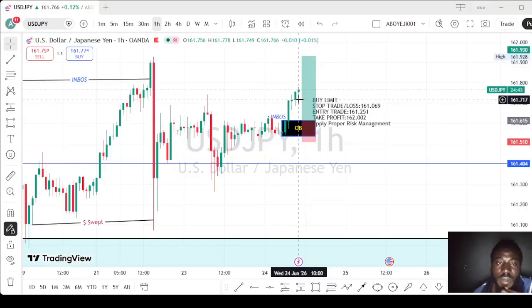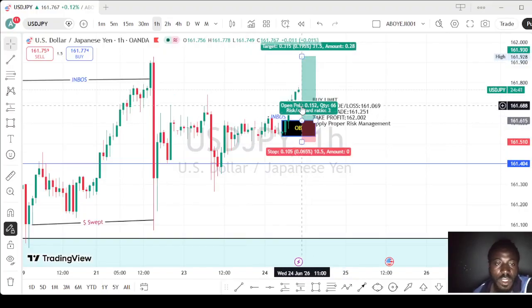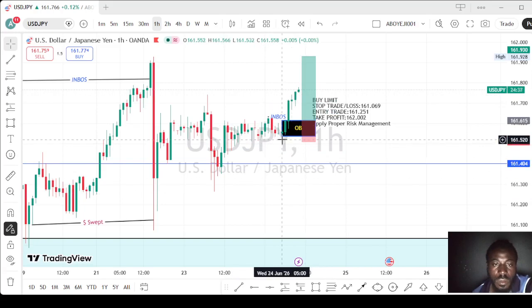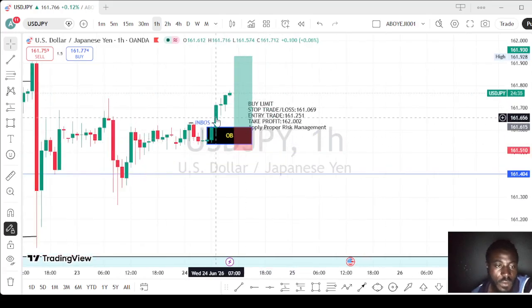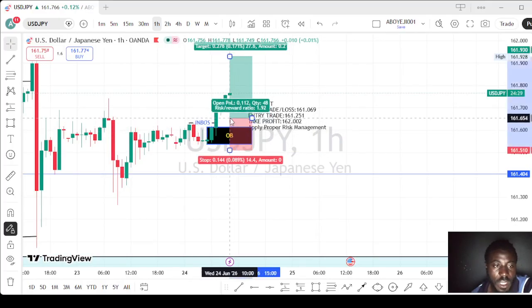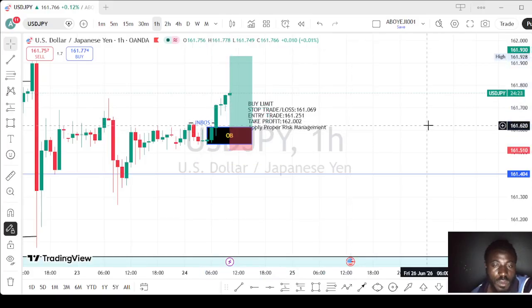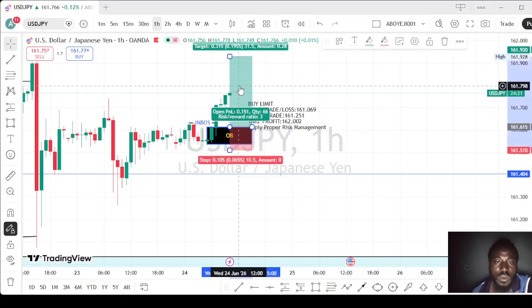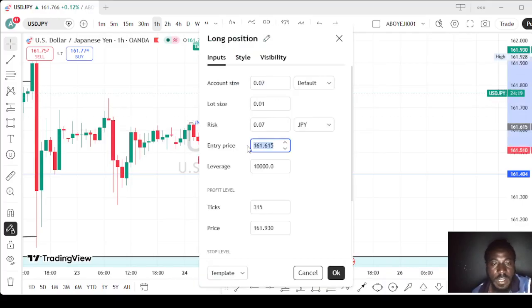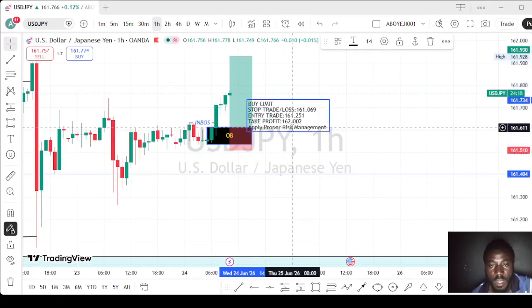So let's see if the market can retrace before we can see a trend, because there's an FVG here. You can see the market will expect this key level. Let's put it here. This is what I'm seeing on the charts.